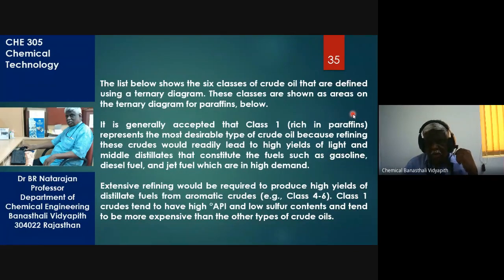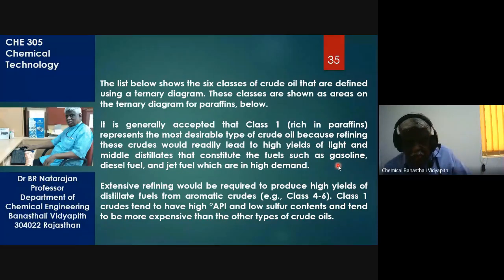Let's look at some of the classifications. There are many classifications, class 1 to class 6. Class 1 is rich in paraffin. This represents the most desirable type of crude oil because refining this crude will readily lead to high yields of light and middle distillates that will constitute fuel such as gasoline.